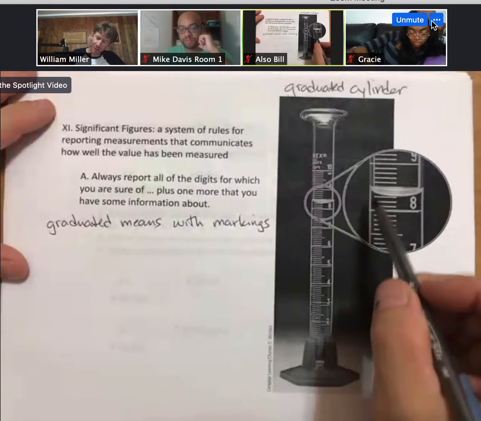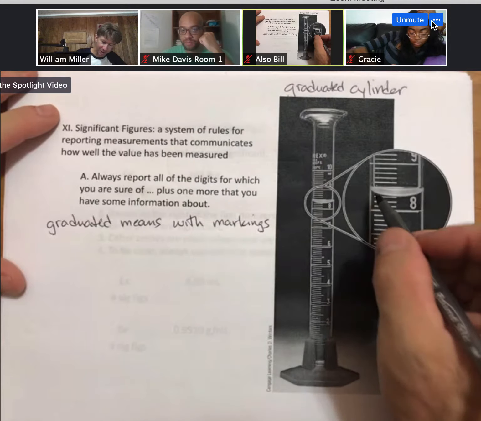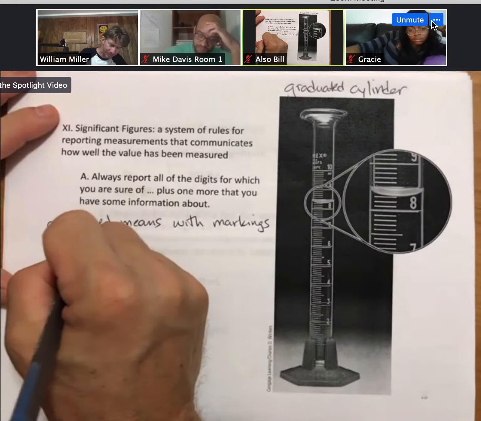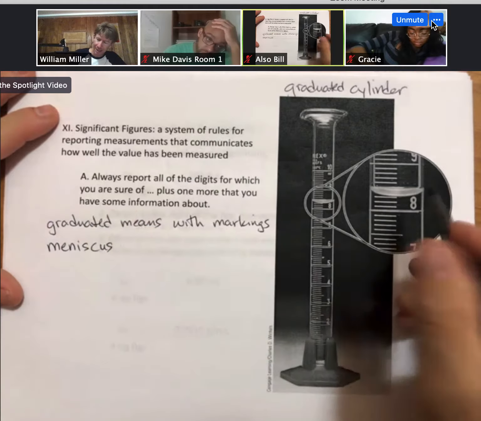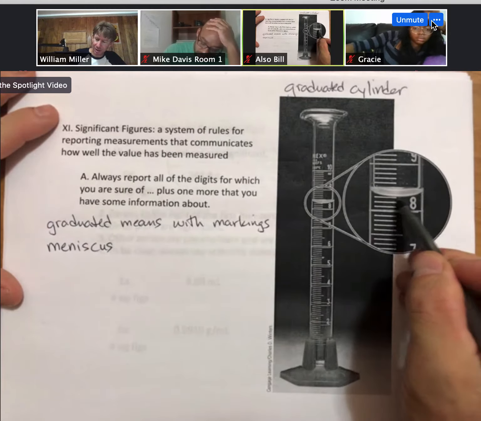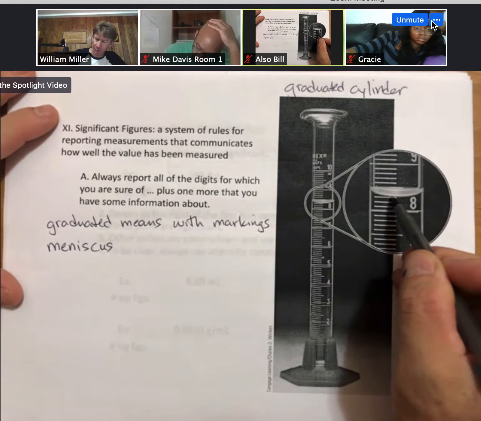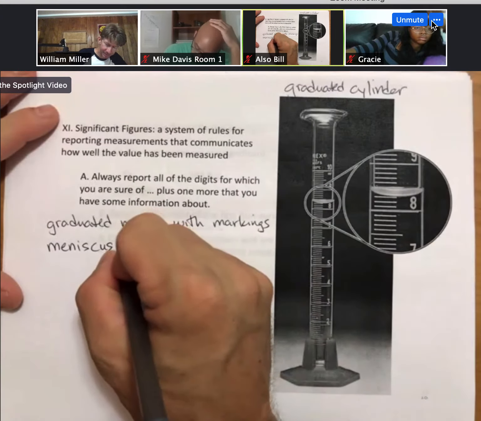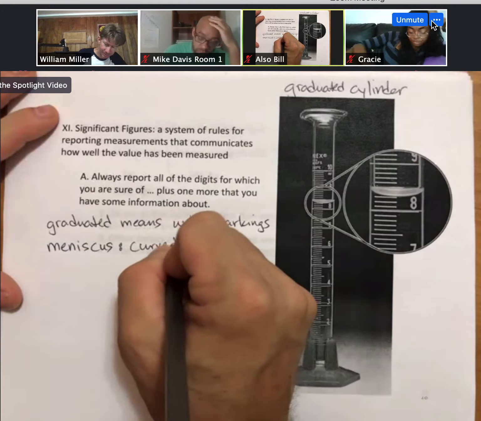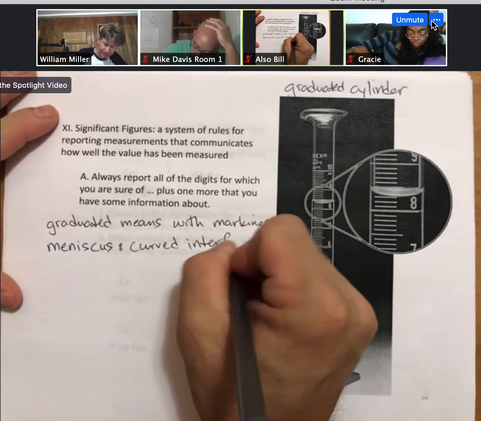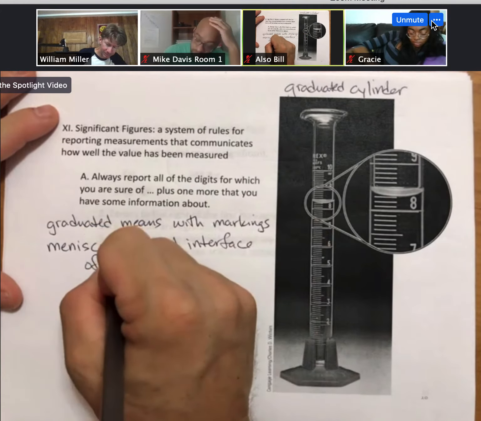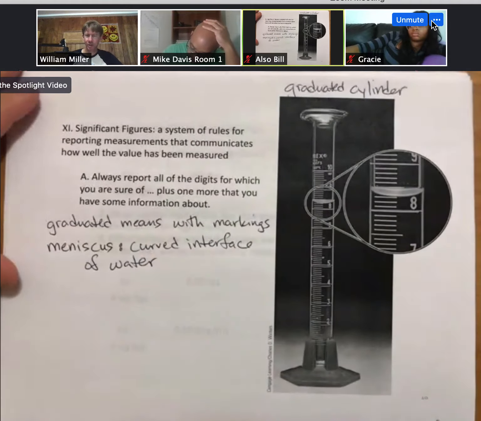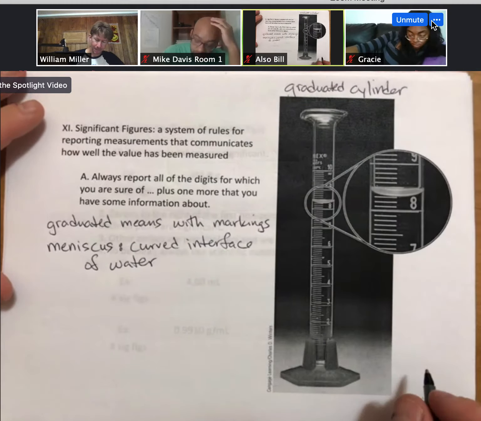And one of the things I want to show you about this close-up is what's called the meniscus. And the meniscus is this curved interface of the water.